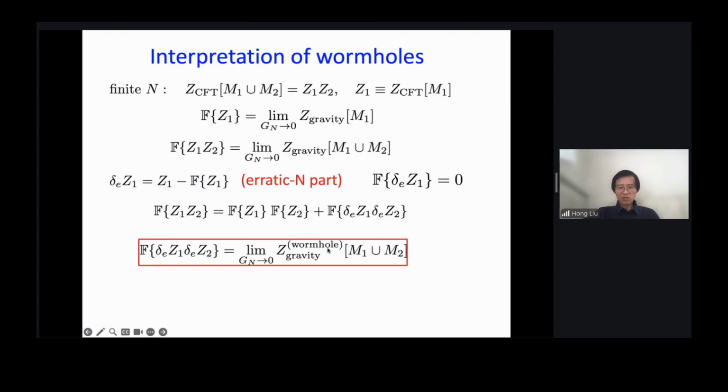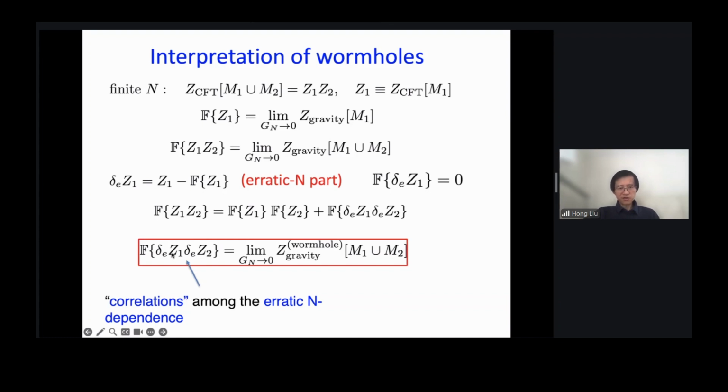In other words, if I call such a thing correlations among the erratic dependence, that tells us that the wormholes on the gravity side essentially reflect just correlations among the erratic parts of the different CFT partition functions.